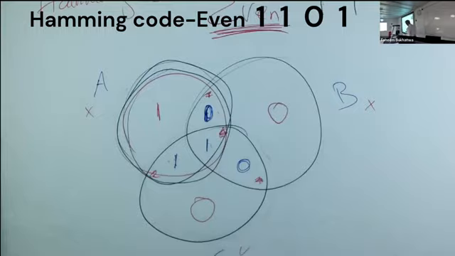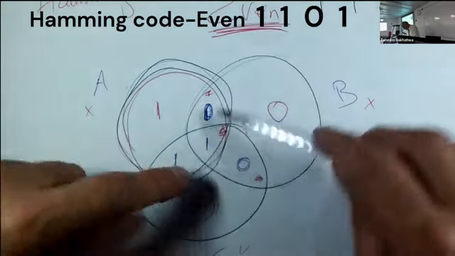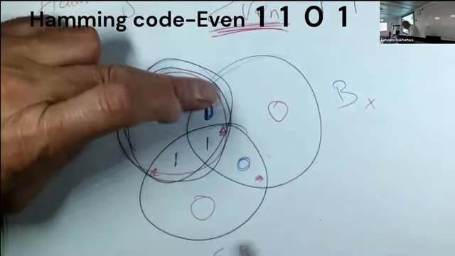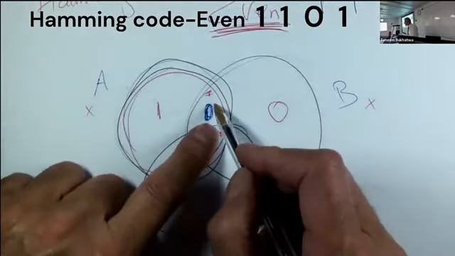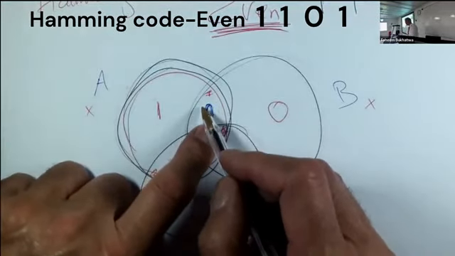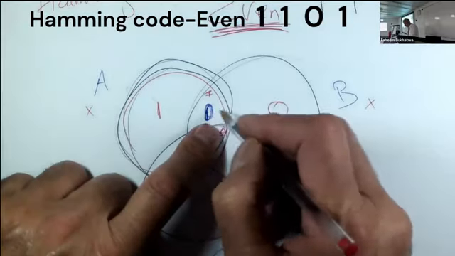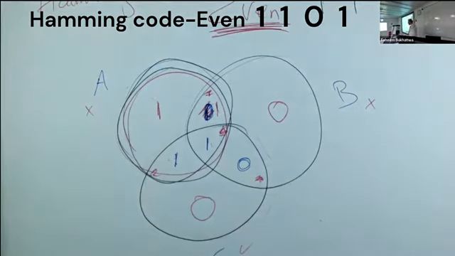Looking at this, you can tell that groups A and B intersect in 0 and 1. But group C is part of group 1, so that's not it, and that leaves us with that bit there. So we can actually identify which bit has the error. All the receiver has to do is change this to 1, check again, and find everything is perfect.